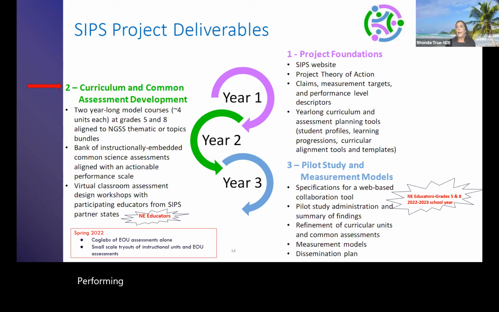And Nebraska has NGSS-like standards. So I went through these bundles and checked off the alignment to our standards for Nebraska for 5th and 8th grade that we'll be utilizing for these instructional units. And we are just almost spot on. We're very close.